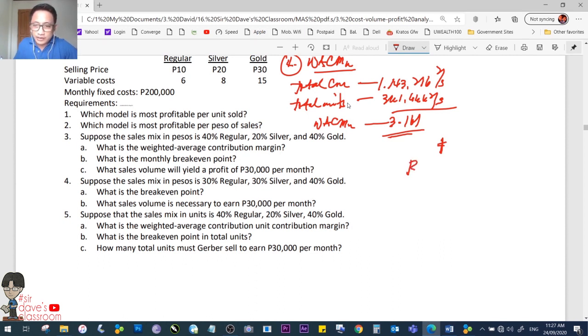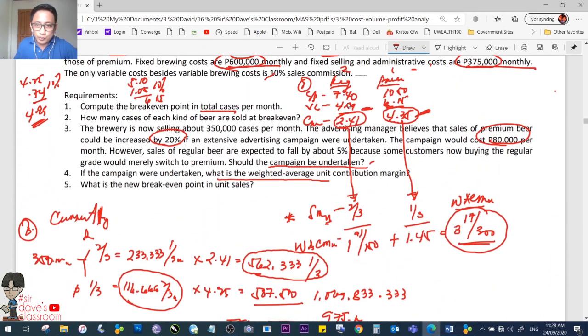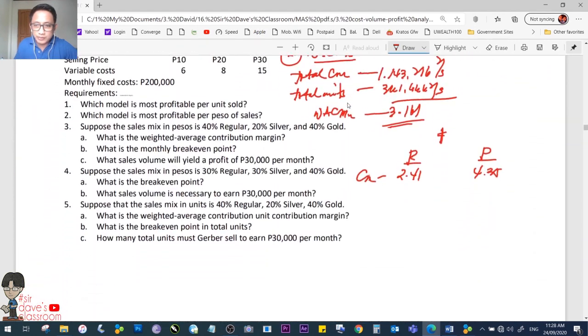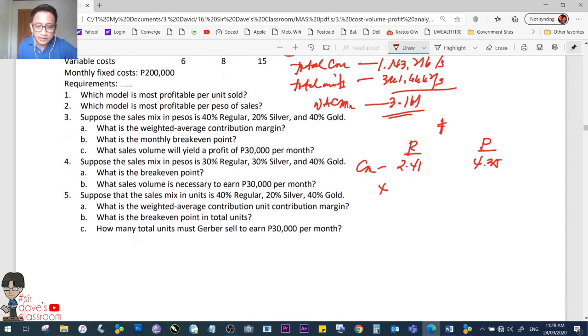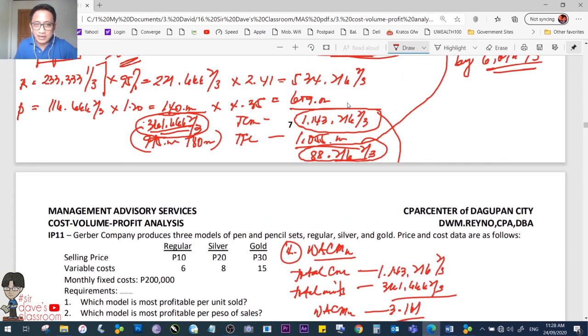For regular, for premium, just to satisfy the itch dyan sa yung utak, okay, tuloy natin. Contribution margin per unit, 2.41, correct? And 4.35. These have been computed already. Sales less variable cost. Times, ilan yung ating ratio? Ay, very simple. Kukunin mo din lang dito. So, same lang talaga ang madadatnan mong figure. 221,666 and 2/3 over ito.